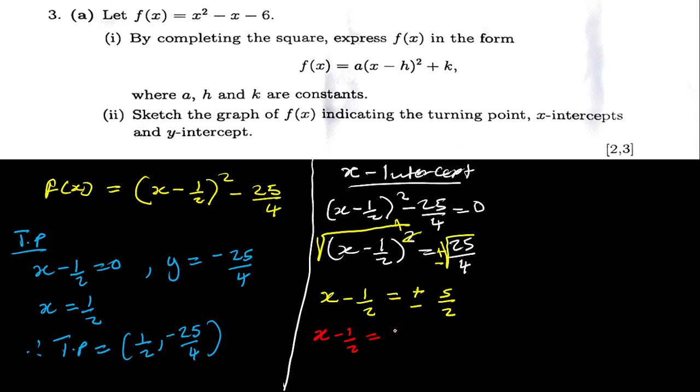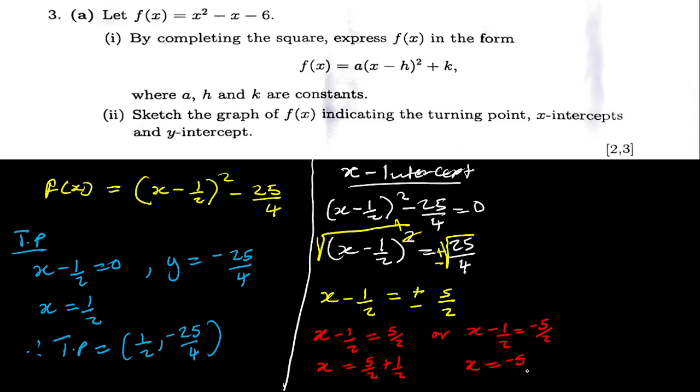When this goes to the other side, it will be x is equal to 5 over 2 plus 1 over 2. On the other side, it will be x is equal to negative 5 over 2 plus 1 over 2. So this is my working from one side and also from the other side.